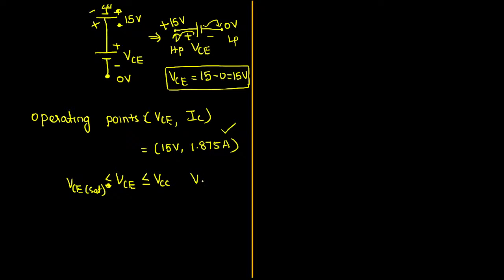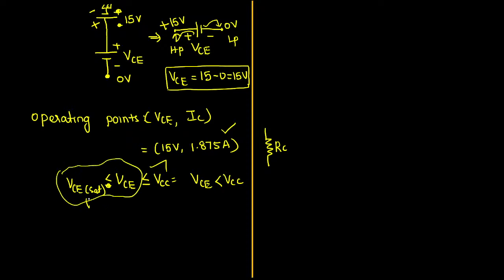Actually, so far I have written VCE is less than VCC only, because everywhere we will be keeping the collector resistor RC. But the worst case is it may become equal to VCC. Anyway, that's not a big deal. This condition will always be satisfied. You don't need to check. You have to keep your attention on this one only.